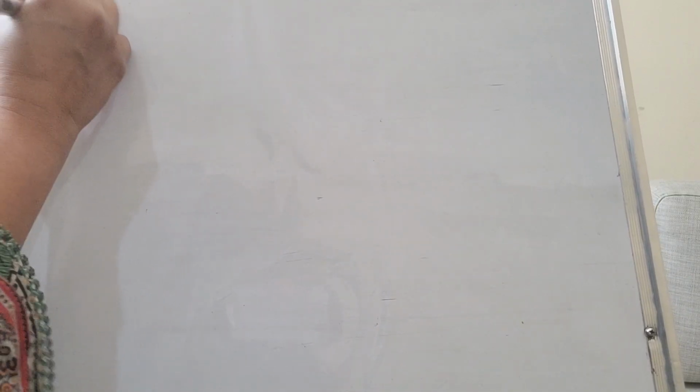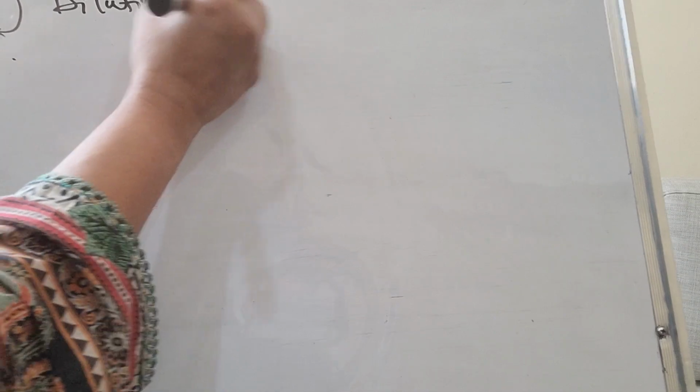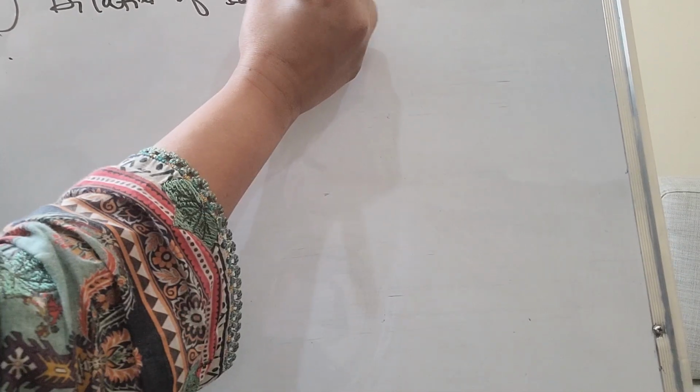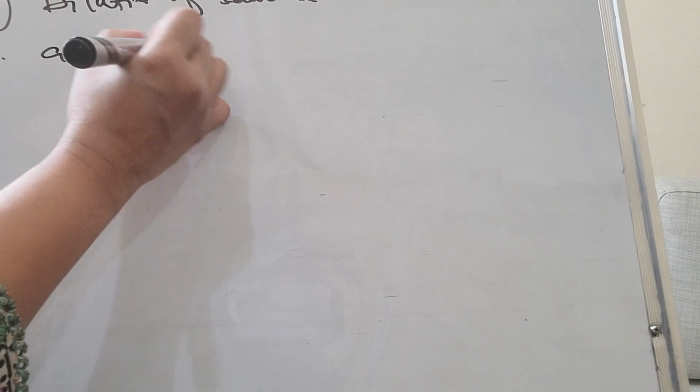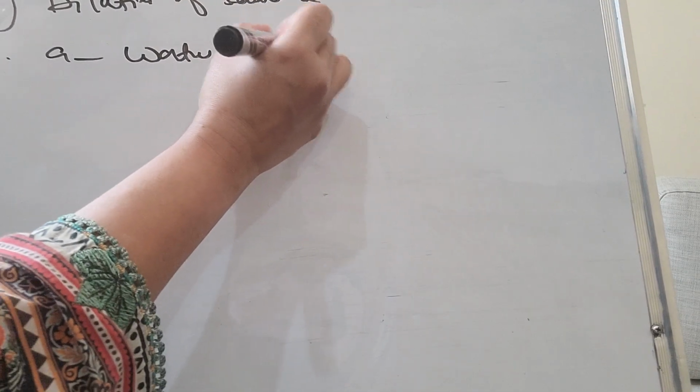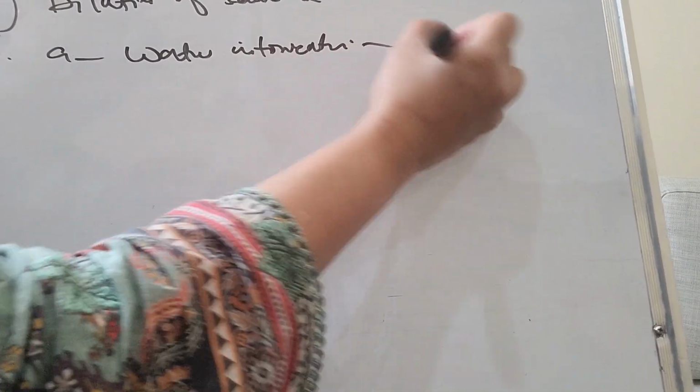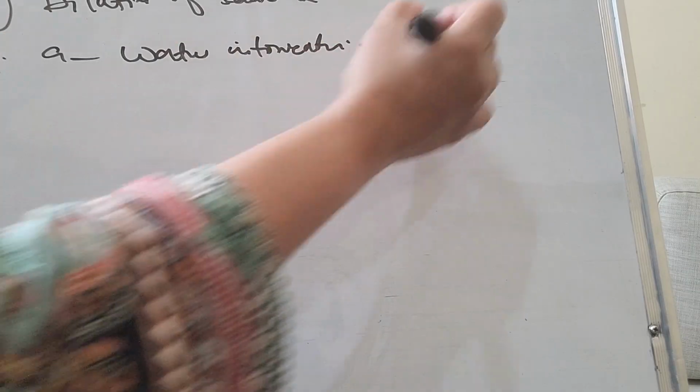Number 4 is dilution of serum potassium. Why is serum potassium diluted? Number A, water intoxication. What is water intoxication? Hyperhydration.